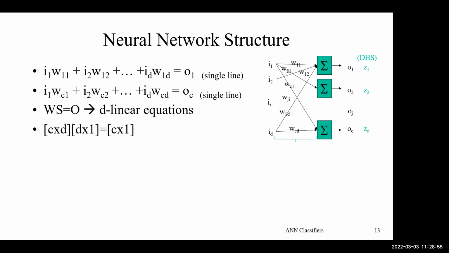So if I give you just one data point, we're going to have C by D weights, 8 by 10 weights, and D by 1 inputs, 8 inputs.